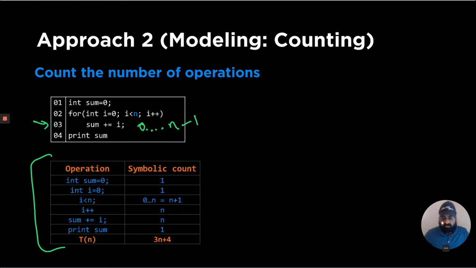One of the most important issues with this approach was that this can get really complex, especially when we have very long programs. Right now we could count that this particular operation took n plus 1 steps, but what if this entire loop was enclosed in another loop, and then these two loops are also enclosed in another loop?